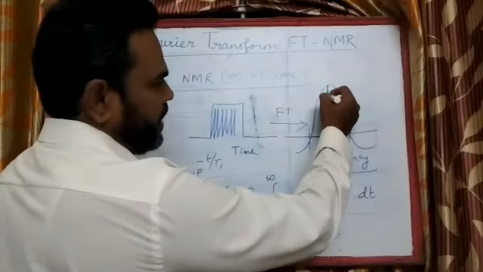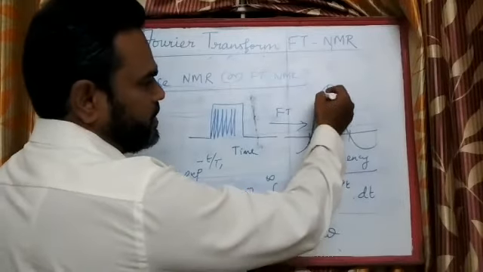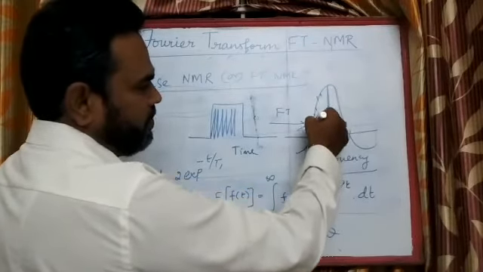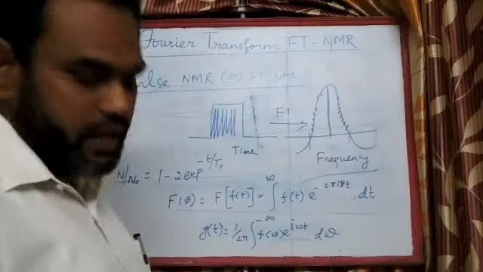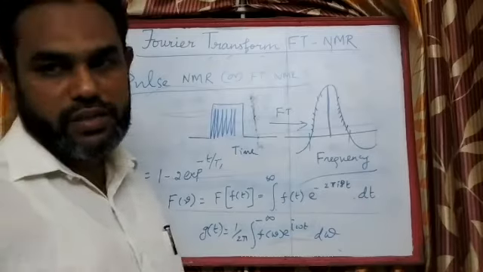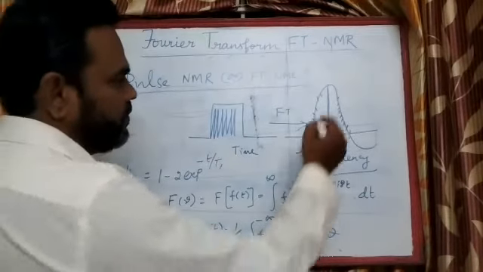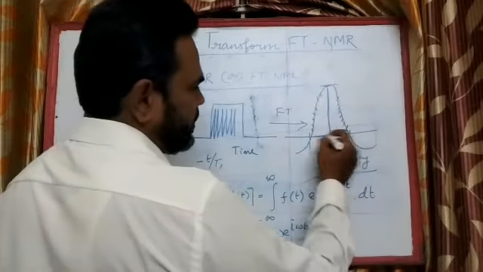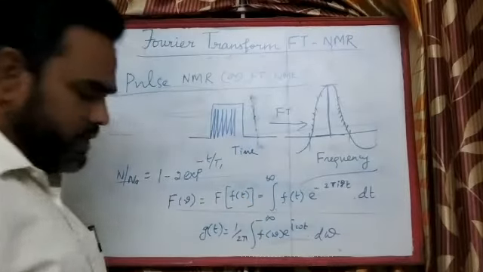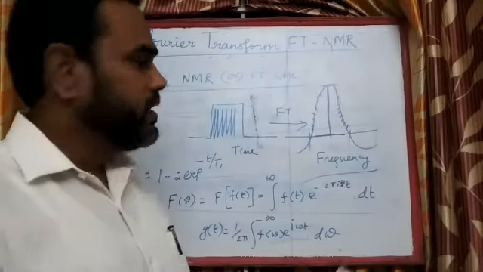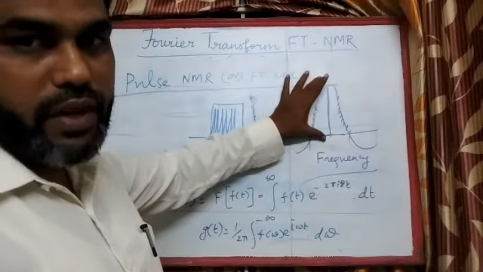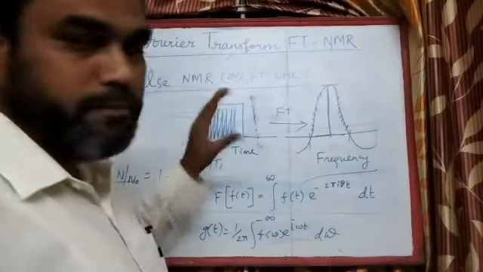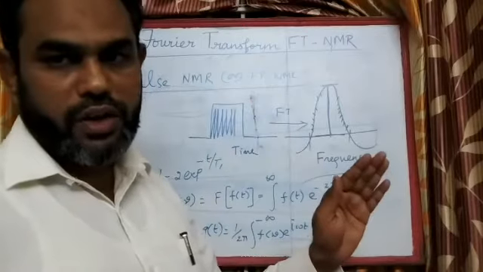This is the maximum frequency, and these are all the different frequencies required or resonated by the different protons. The maximum frequency is, say for example, 95 megahertz or up to 100 megahertz, and it can be given in a very small duration of time.